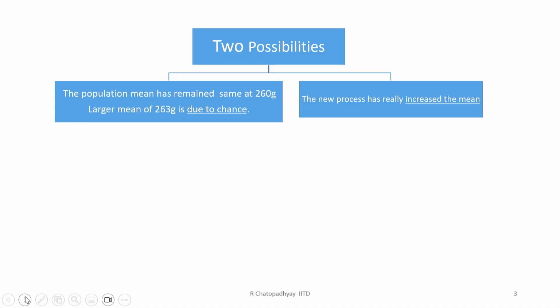So this possibility is there, but there is no change, and the 263 gram value that we get is just because of chance. If we go for another sample and one more sample, we may find some values close to 260, or maybe slightly less than 260 also. The other possibility is the new process has really increased the mean. So these are the two possible answers. One, that it is really larger, or the mean has not changed at all.